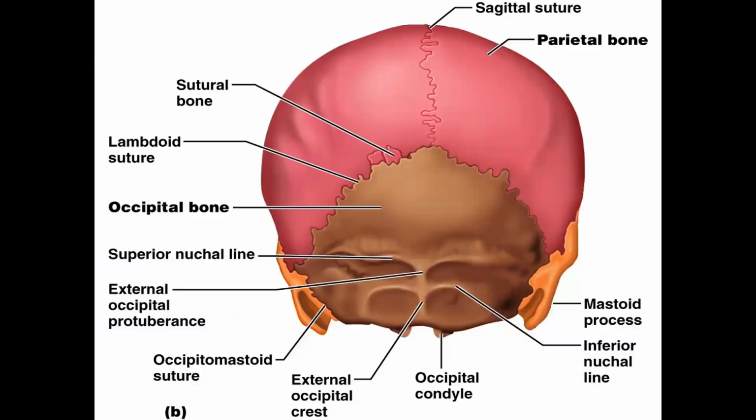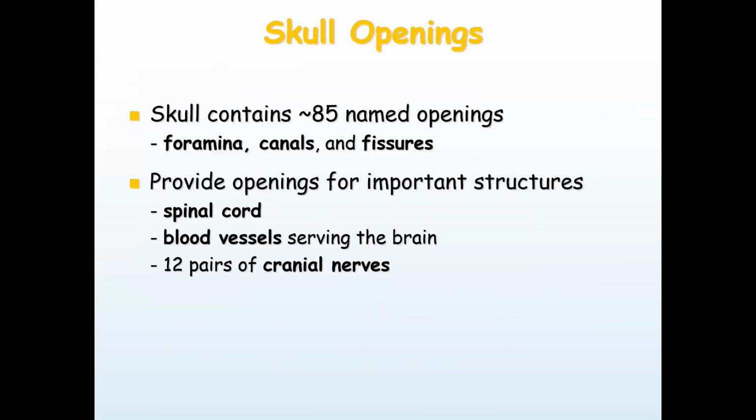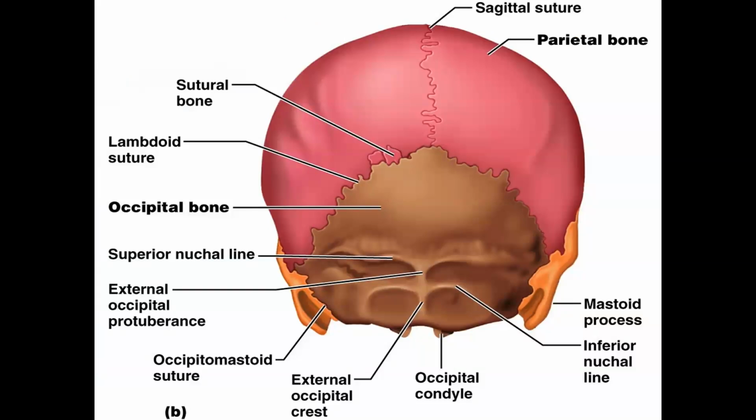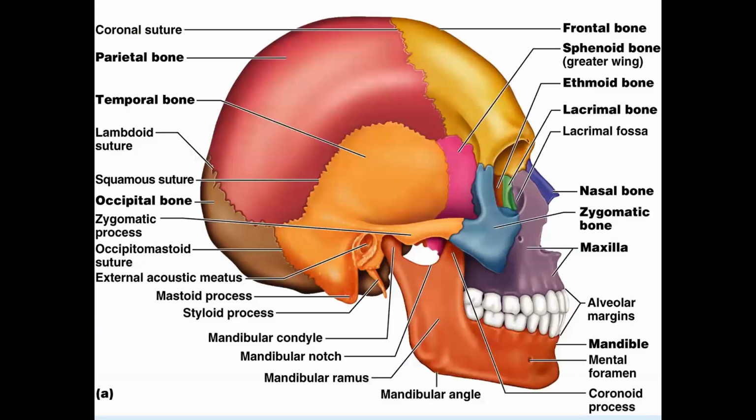Which is why it's so important to learn how to label this diagram here, and of course, this diagram here. Well, not so much that one. It wouldn't hurt though, but more realistically, this diagram here is probably the more important one, right? So when I talk about the skull, keep in mind that most of the things you're seeing here are being repeated from one diagram to the next. You're not going to see a lot of new structures, right?